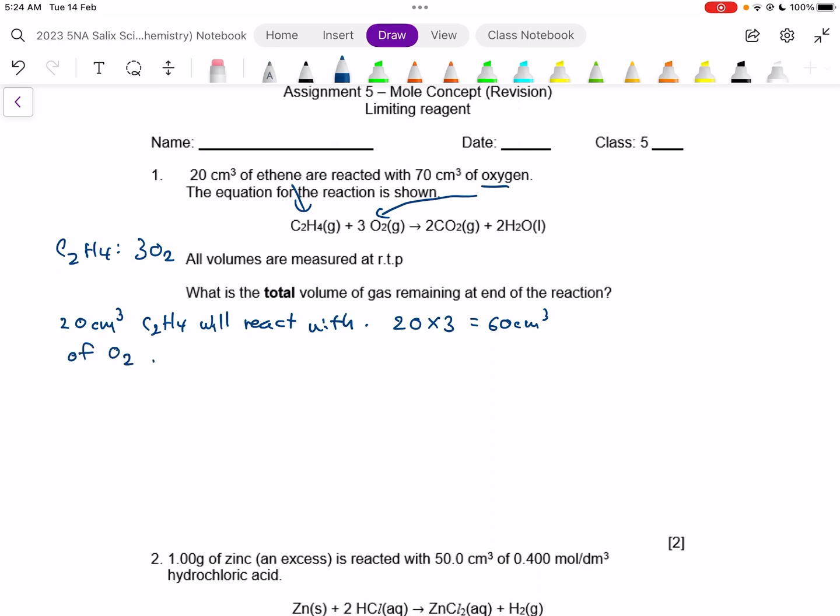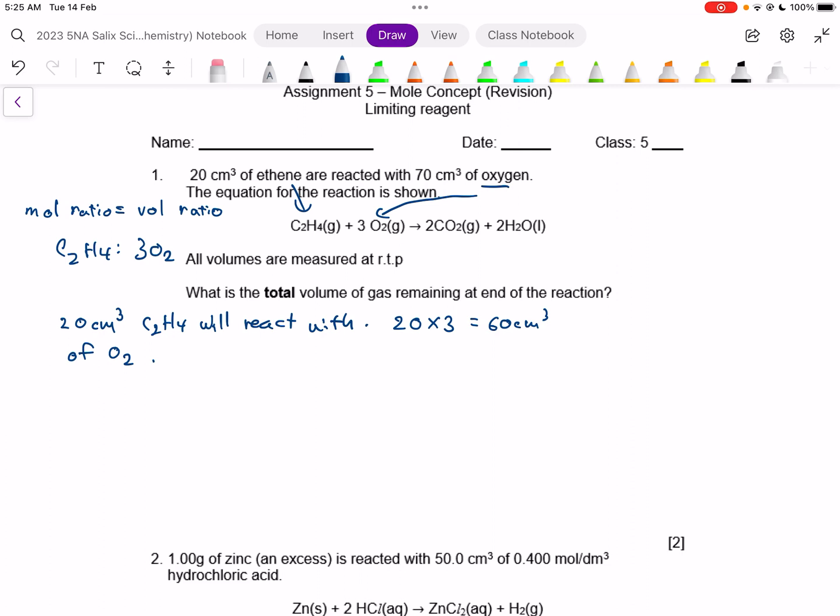Don't forget all these are gases, so the mole ratio equals the volume ratio, so there isn't a need to convert the volume to mole in this case.